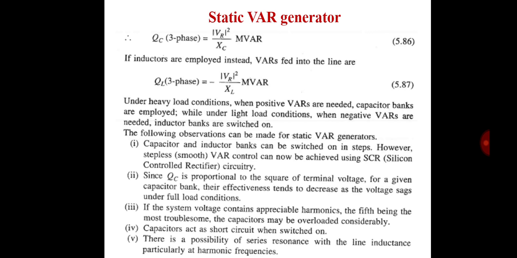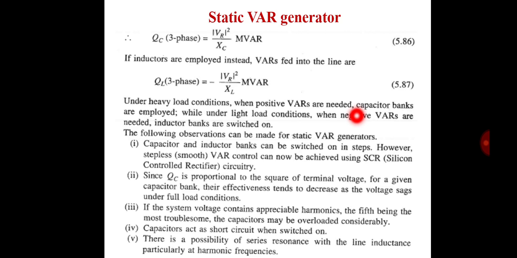If inductors are employed instead, the VAR fed into the line, QL, is equal to minus VR square divided by XL.